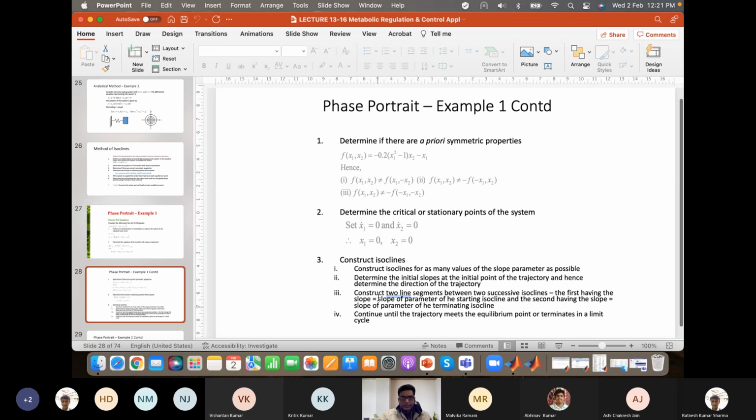Now we have to construct the isoclines. How do you construct the isocline? We got that equation, so use that equation to do this. Maybe I'll use this board once again to show you how to do this, if I can get a hang of this one.